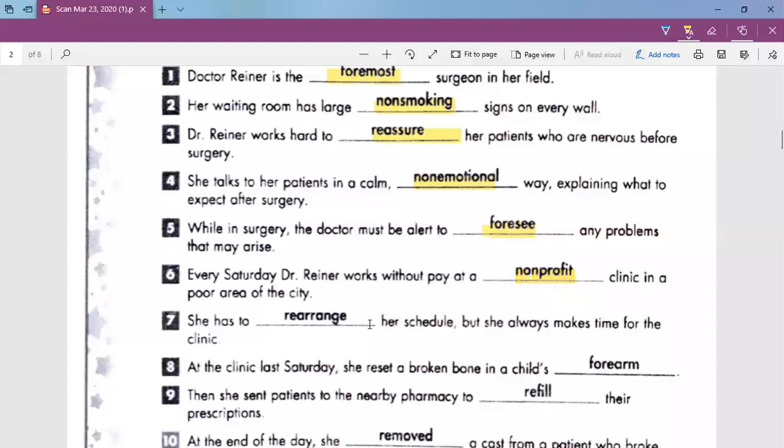And let me continue with number 7. Okay, raise your hand if you want to read.